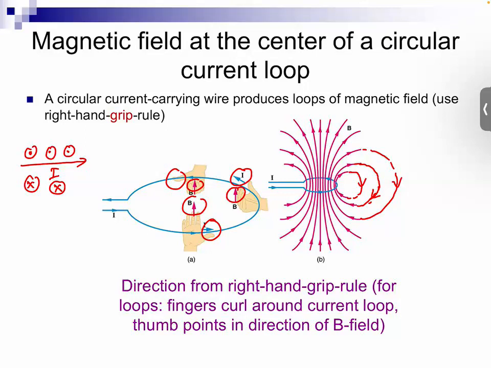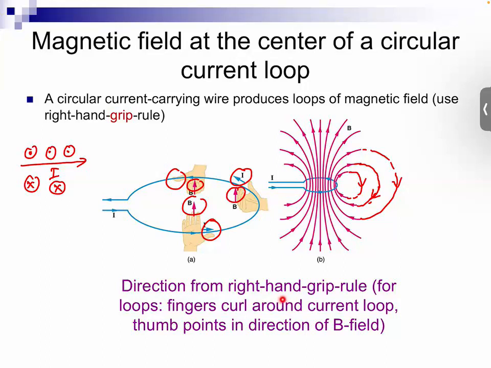So for a loop, what we can do instead is to curl our fingers in the direction of the current flow. So if your current is flowing in this direction, curl your fingers in the direction of the current flow, and your thumb points in the direction of the magnetic field. We just change the orientation.